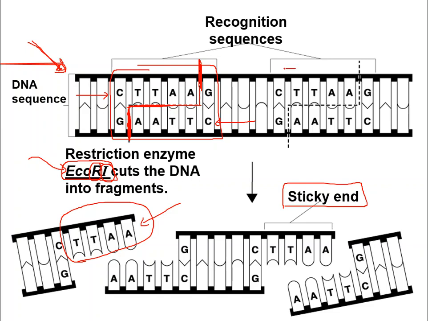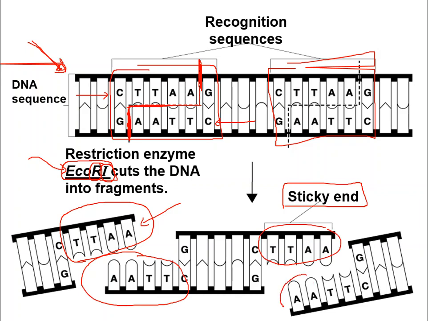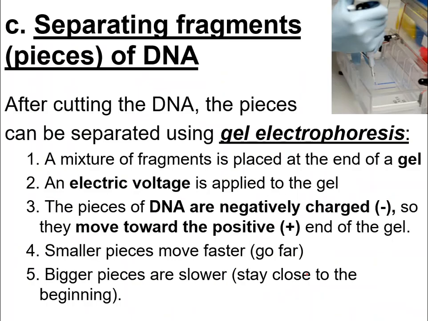So if they see the sequence again, like over here on the right, they'll do the exact same cut. That's why you have 2 cuts here in this example. These sticky ends are important because when we glue the DNA back together, that's where it's going to happen.